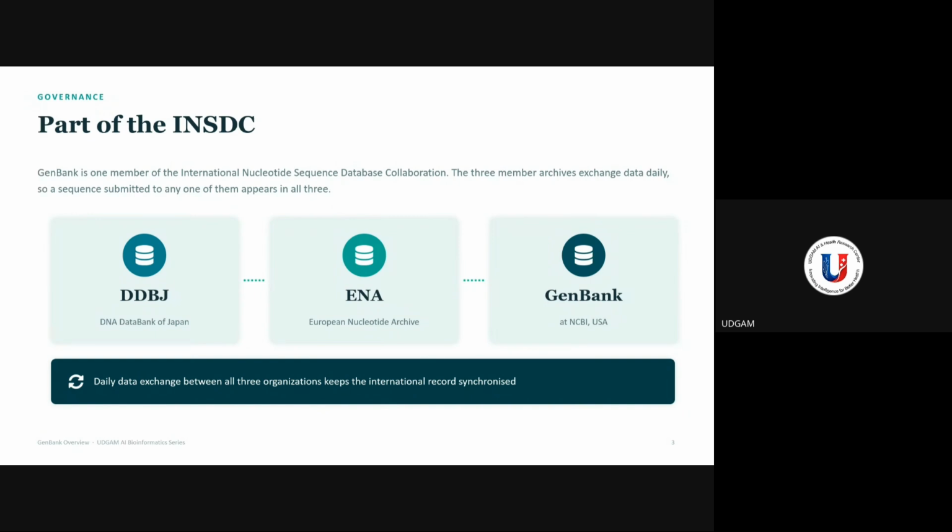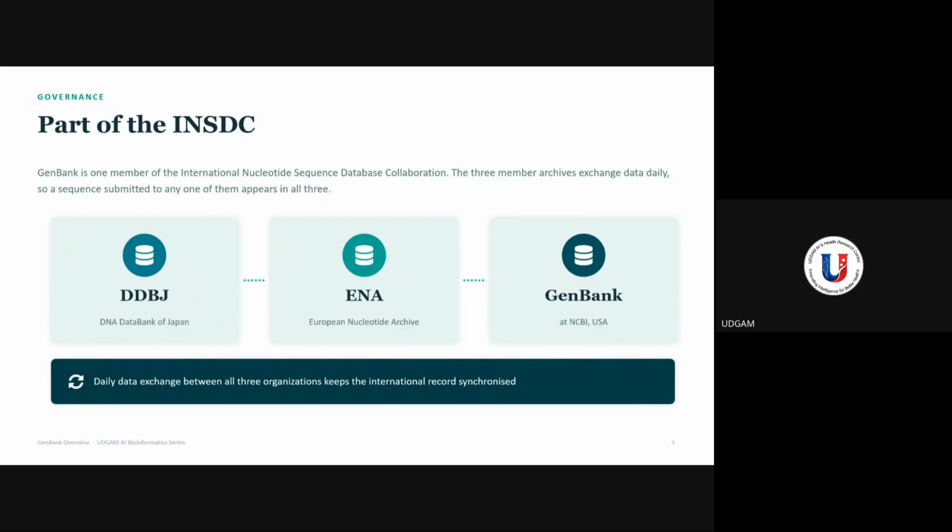So how is it possible? If you submit to GenBank, it appears in DDBJ. The accession number you are assigned is distributed across all three databases. There is no need to also deposit in ENA for European reviewers; you have already done it.